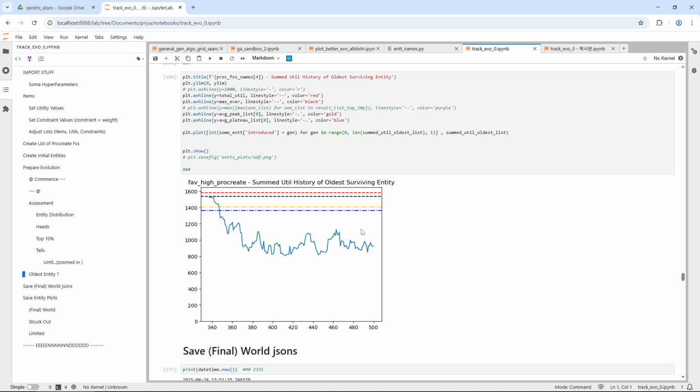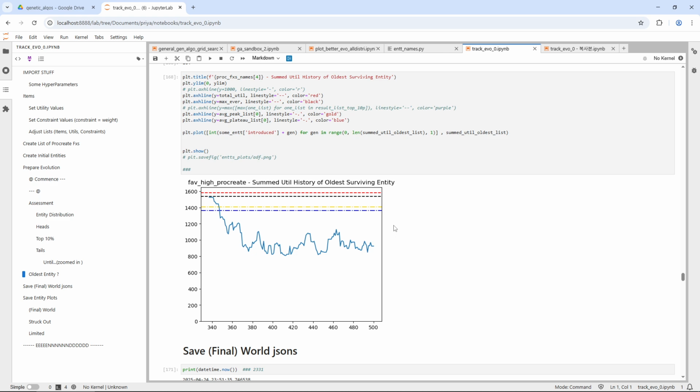The only direction this entity can go is down from here, or up, and then it goes above the threshold and will be struck out, so it will go down.